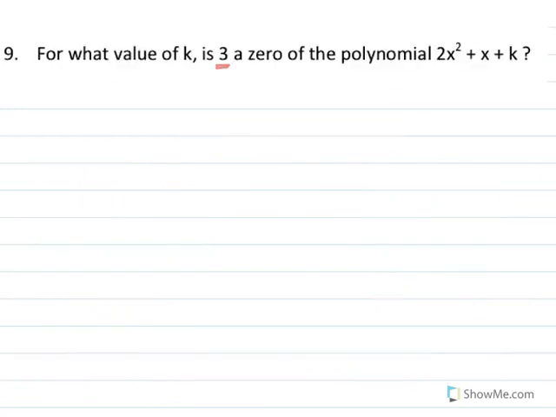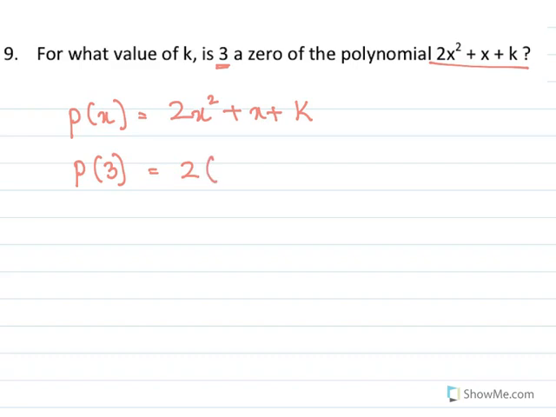For what value of k is 3 a zero of the polynomial? So our polynomial p of x is given here, that is 2x square plus x plus k. And 3 is a zero, so we find p of 3, which means wherever there is x, we put 3.